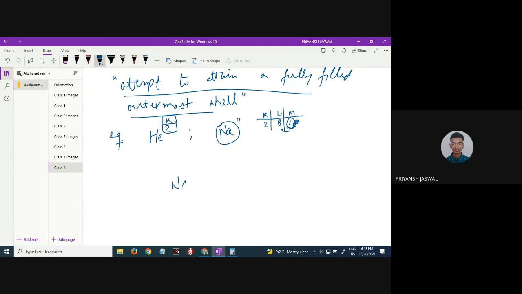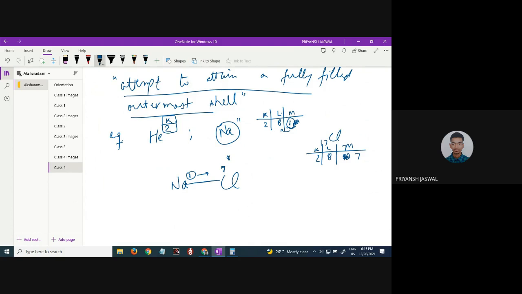So, usually, what happens is sodium with one electron in the M shell combines with chlorine, which has 7 electrons. The atomic number for chlorine is 17, so it is 2 in K, 8 in L, and 7 in the M shell. They share a bond, and this electron is thrown towards, you can say for now, the chlorine.